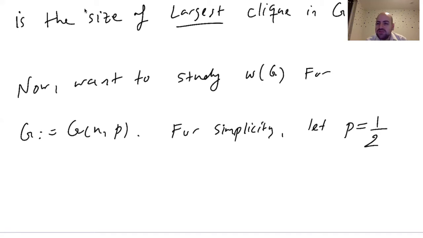So we said if p is much less than 1/n, the graph would not contain a triangle almost surely, and if it's much bigger than 1/n, it would contain a triangle almost surely. But this time p is fixed. Let's say we fix it to be 1/2, and we want to look at the clique number of this graph.